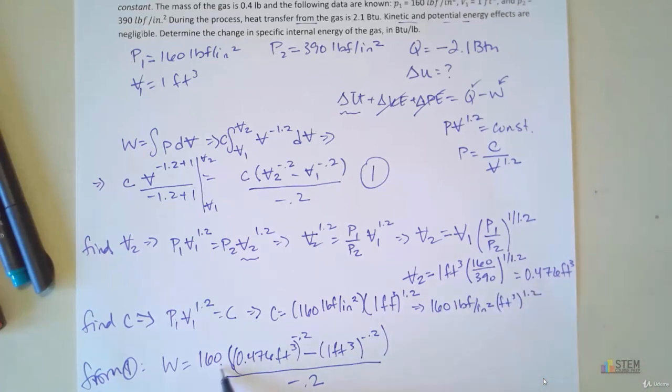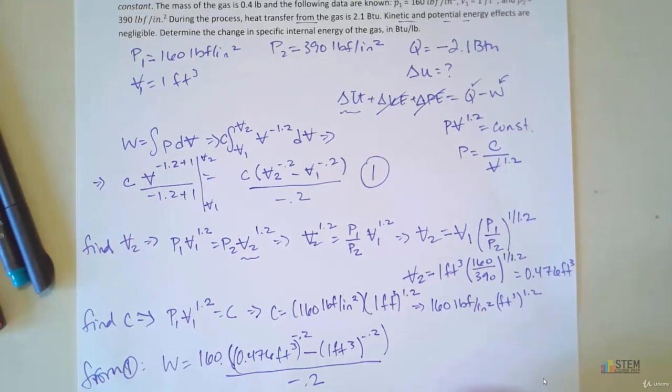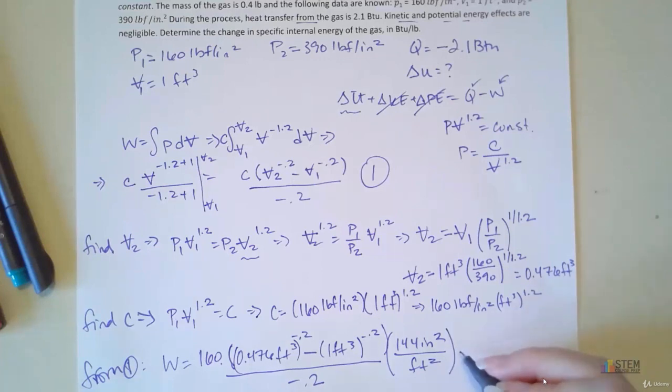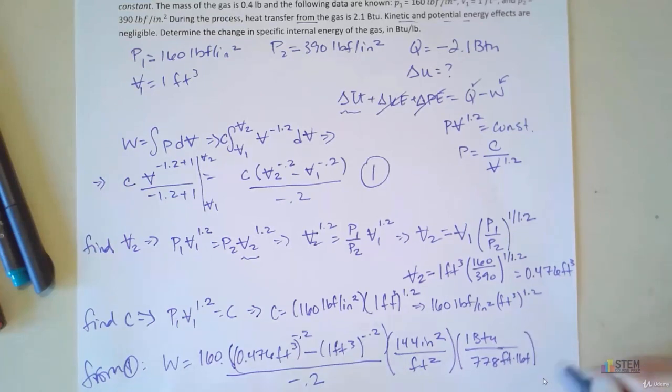Now since we've got inches in this right here, we need to do a conversion. So let's do 144 inches squared over square feet. And then we want this in BTU, so let's convert over to that. So we're going to have 1 BTU per 778 foot-pound force, like that.